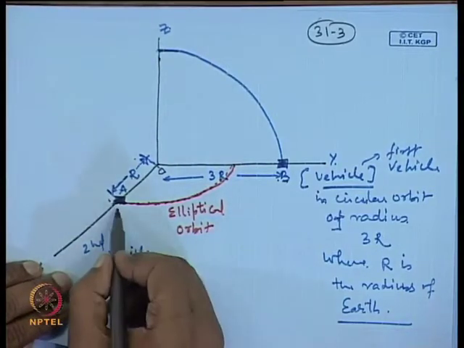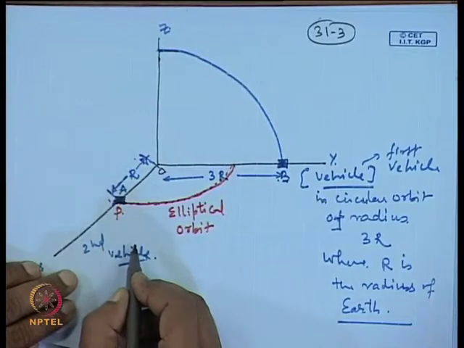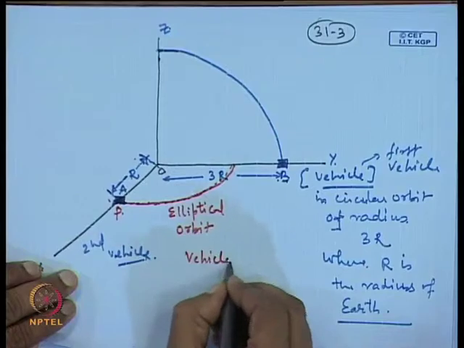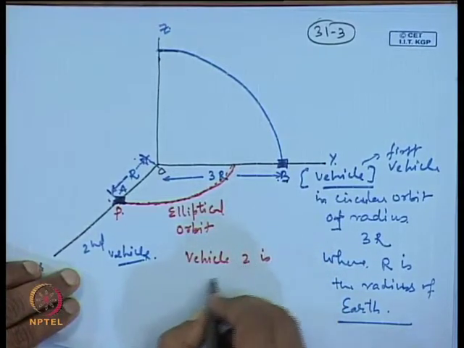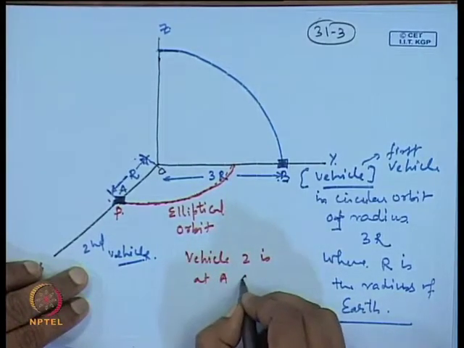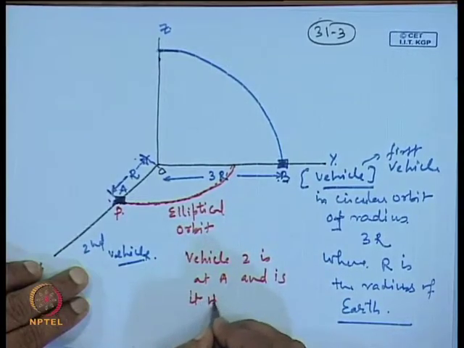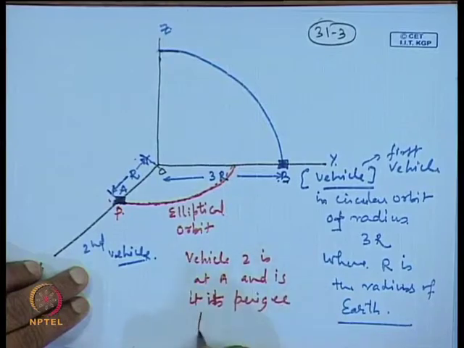For convenience we can assume that this is the perigee position of the vehicle. So vehicle 2 is at A, at its perigee position.